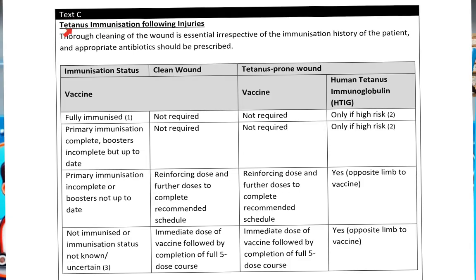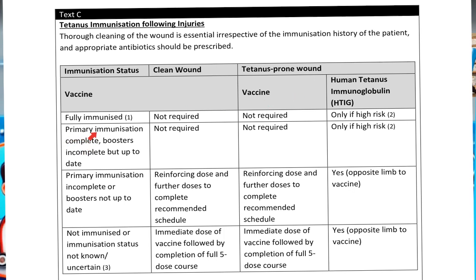So the text is about risks. Text C, tetanus immunization following injuries. Thorough cleaning of the wound is essential irrespective of the immunization history of the patient, and appropriate antibiotics should be prescribed. So we can see immunization status, clean wound, tetanus prone wound. So we have the vaccine for the clean wound, vaccine for the prone wound, okay?